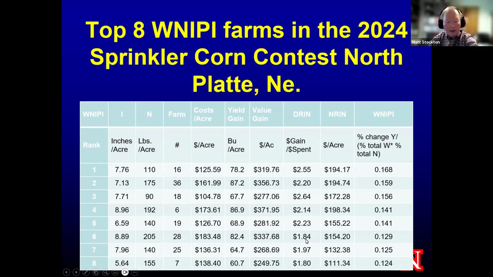And their WNIPI was fairly low, so they weren't that efficient with that nitrogen. But here's the deal: they made a total of $154, which is $44 less per acre than the farm that had 192 pounds of nitrogen applied and 8.96 inches of water.